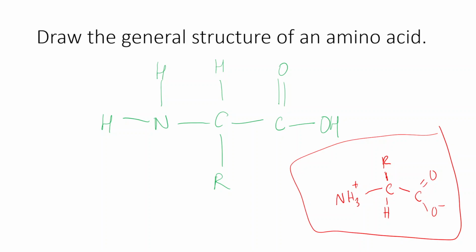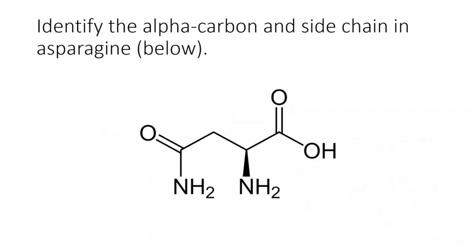So, any questions about amino acid structure? All right. Take a minute and think about in asparagine, which is drawn here, where is the alpha carbon and where is the side chain?